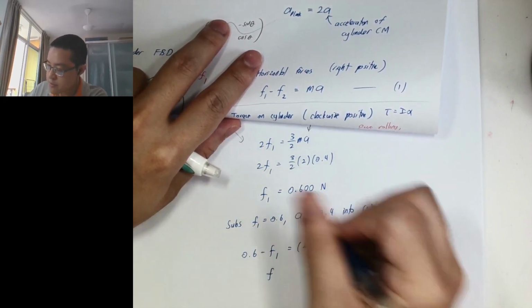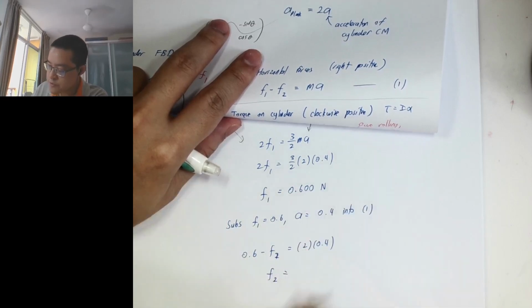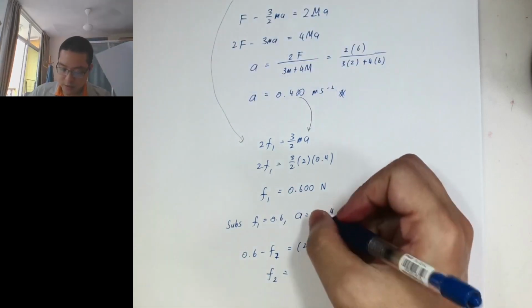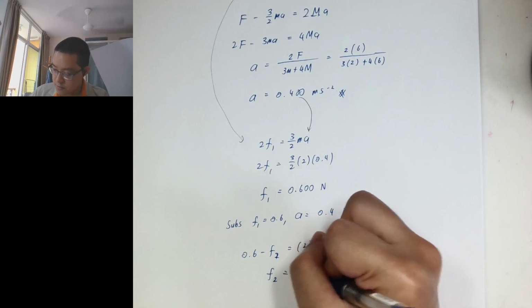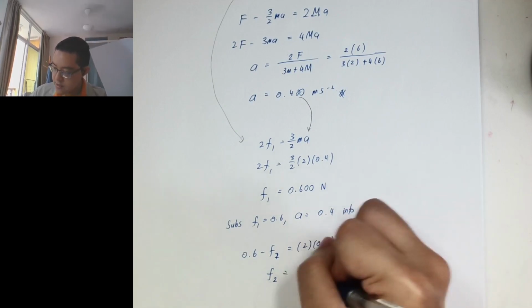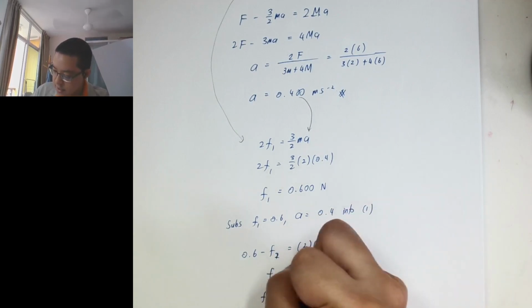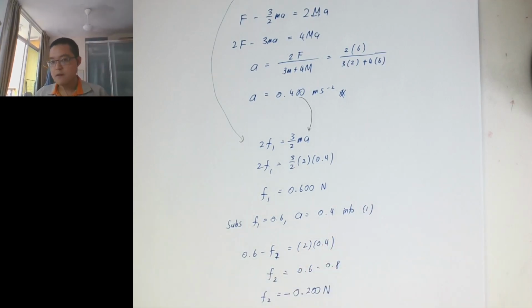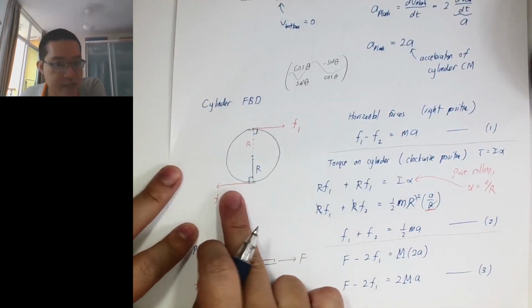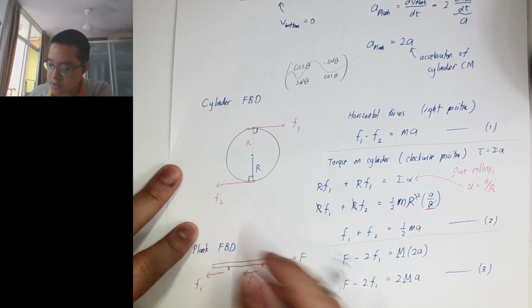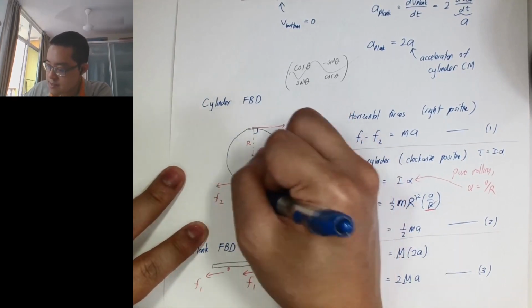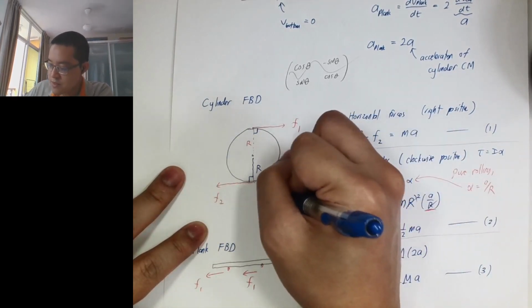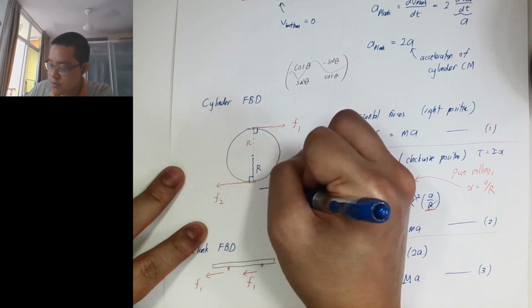So if you calculate F2, you bring this over, you will get 0.6 minus 0.8. So the answer is negative 0.2 Newton. You got a negative sign, which means it is a negative of this direction. So the correct answer is here. So the magnitude is 0.2 Newton.